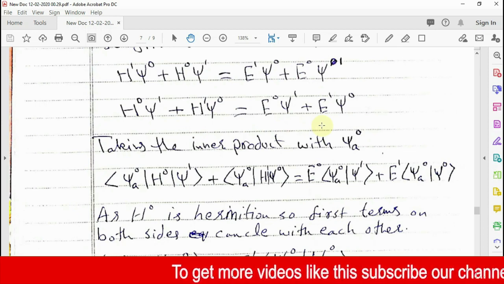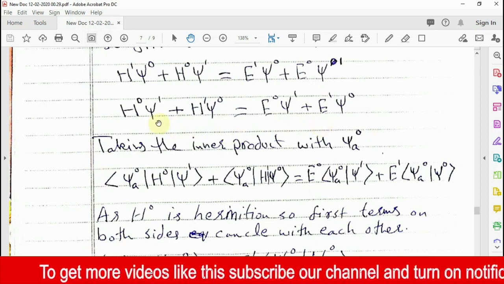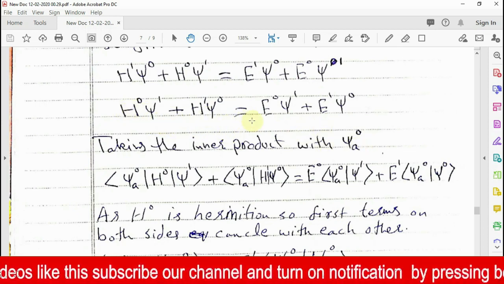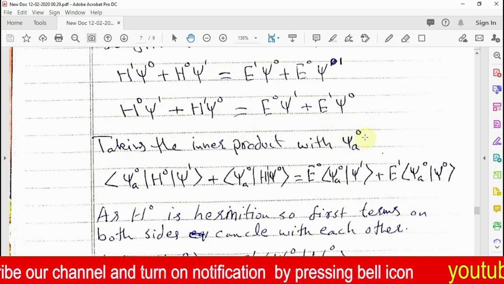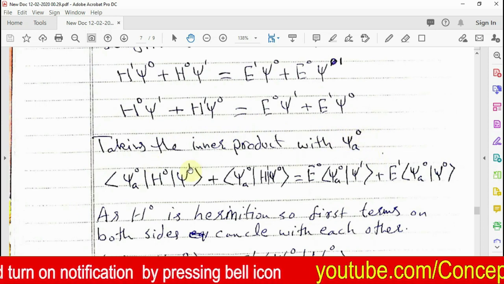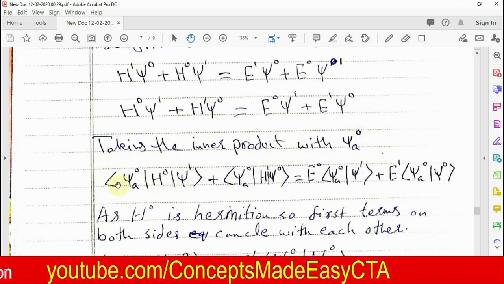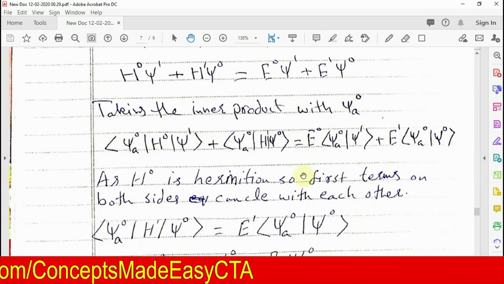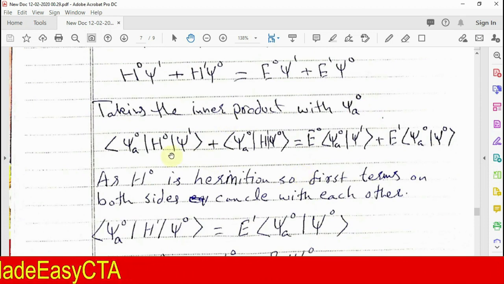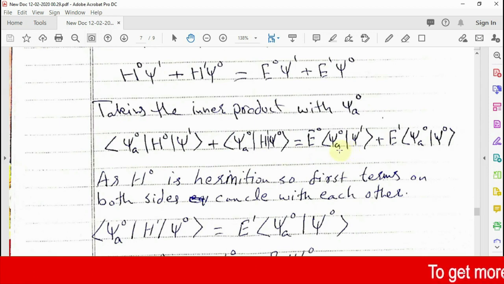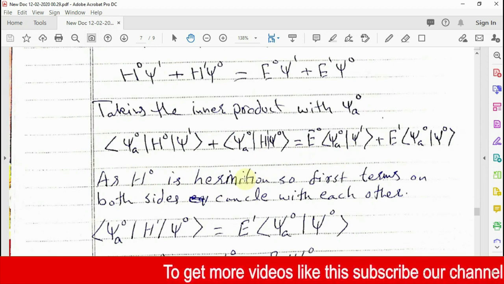Now we have to take the inner product of this equation with psi A naught, whatever you would like to call it. Here we have taken that inner product, and this term on the left and this term on the right hand side will cancel each other because H naught is Hermitian.